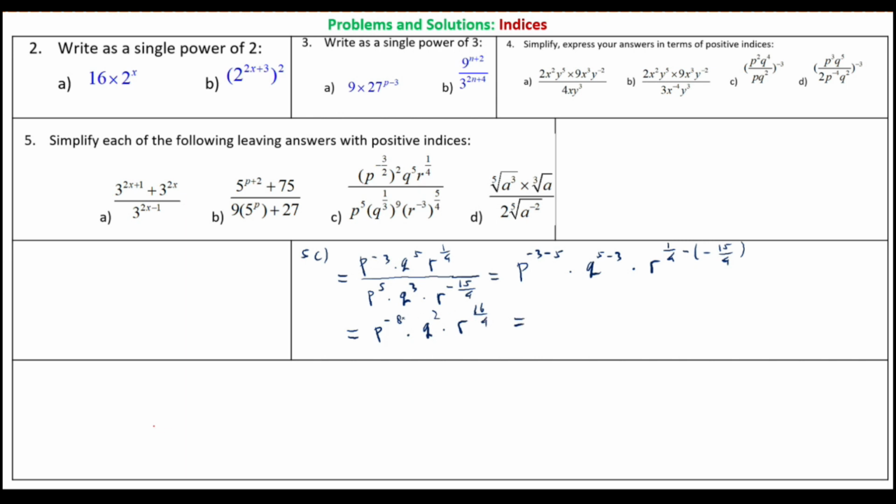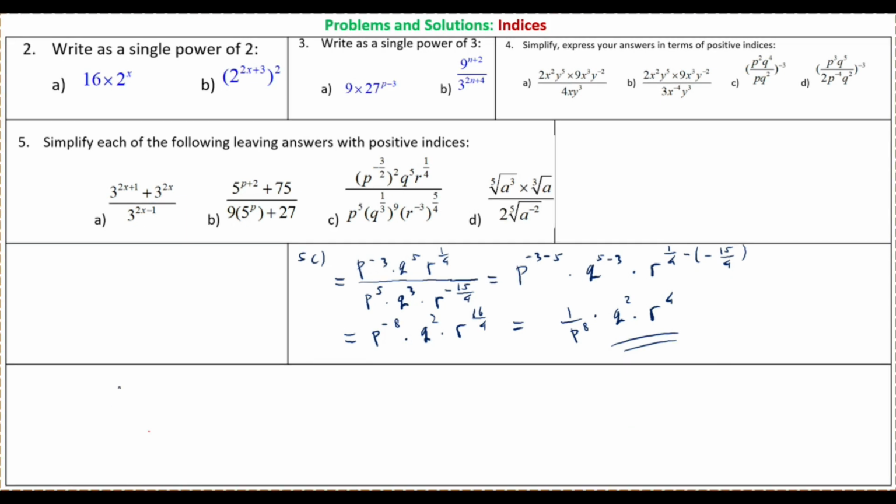And we turn the negative index into positive, so that equals 1 over p to the power of 8 times q squared times r to the power of 16 divided by 4, which is 4. So that's the answer for question 5C.